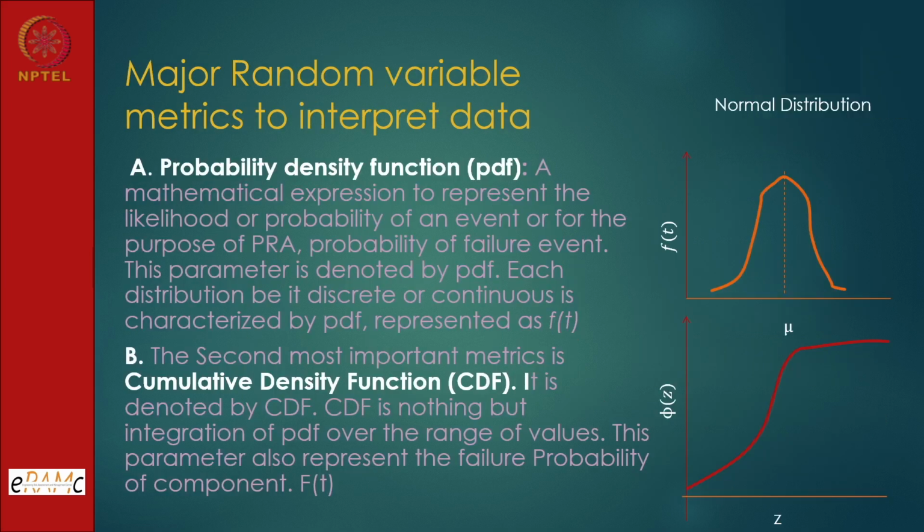Now, what are the distribution and the probability density function? The probability density function is based on instantaneous failures. It is developed as a function of time, a continuum of time, showing what the failure rate will be. So the mathematical expression for f(t) is nothing but the probability density function, PDF.